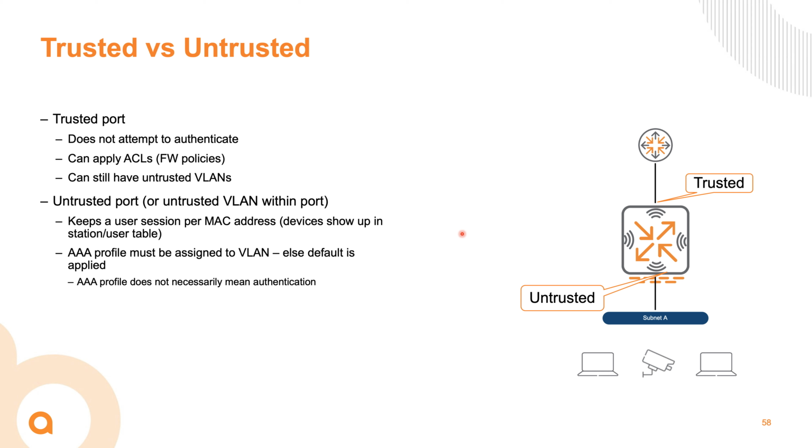So we can perform MAC authentication, but also .1x authentication. This is not something that I'm going to cover now, but just to be aware that this particular video will only show the concept of an untrusted VLAN with user entries within the user table without any additional authentication, which will be a subject for later.